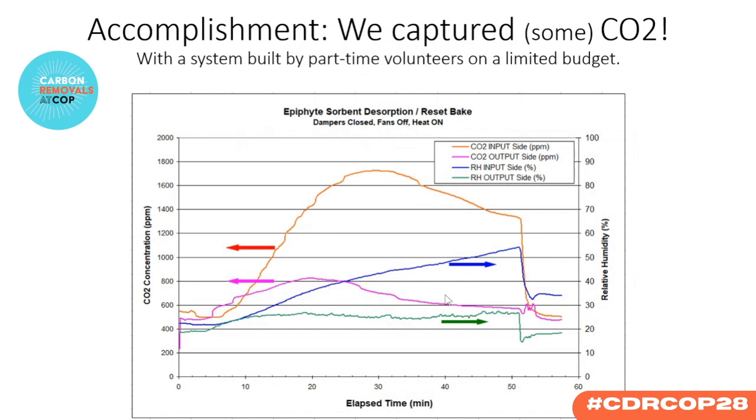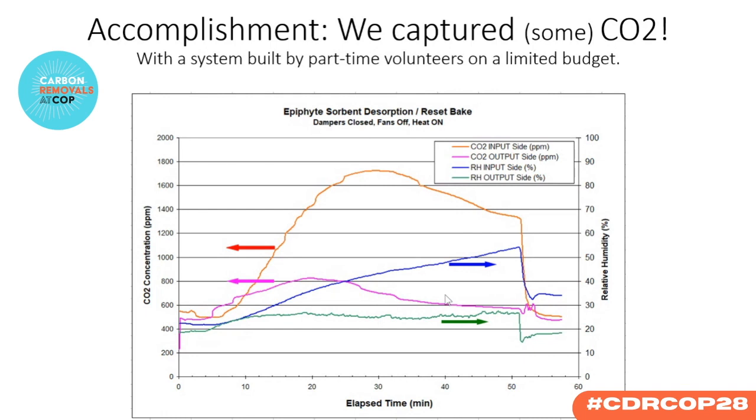So this is our main accomplishment, our Hello World accomplishment. These are the results from the sensors when it is in the heating phase over time. Over the course of an hour, look at the red and pink traces, whose scale is the y-axis on the left, CO2 concentration in parts per million.